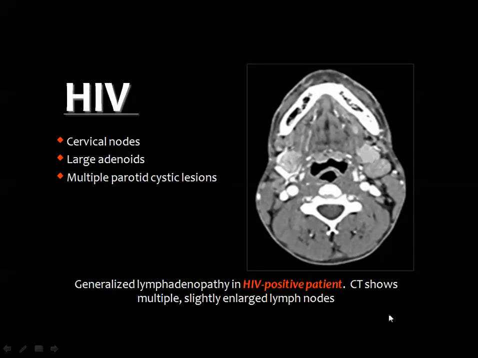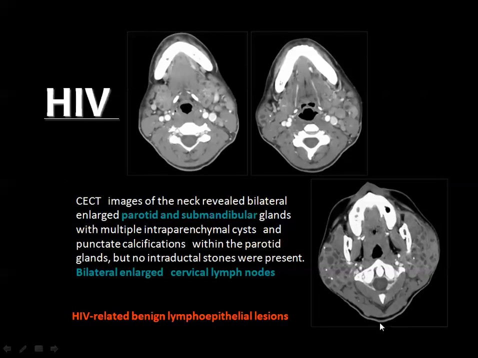And the lymph nodes of HIV are homogeneously enlarged, homogeneously enhanced, and they are slightly enlarged. And the presence of multiple cystic lesions within the symmetrically enlarged parotid glands is usually helpful in the diagnosis of these lymph nodes to belong to HIV.